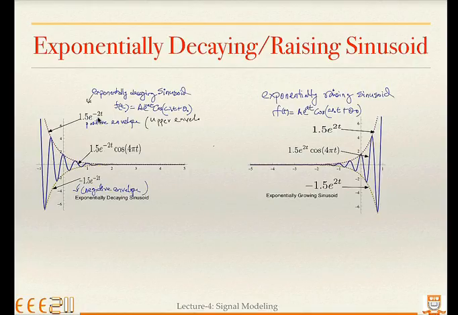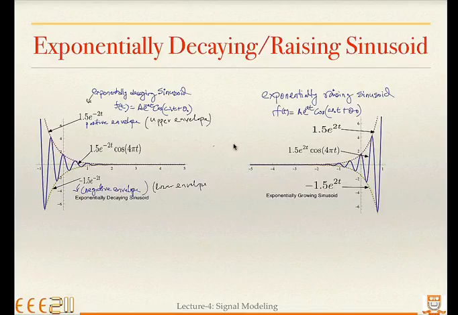And this one is the lower envelope. The dotted line shown here is the lower envelope, and that is precisely the negative of the exponential signal. So the upper envelope is 1.5 e to the minus 2t, and the lower envelope is minus 1.5 e to the minus 2t. We'll explain it in the next slide in more detail.